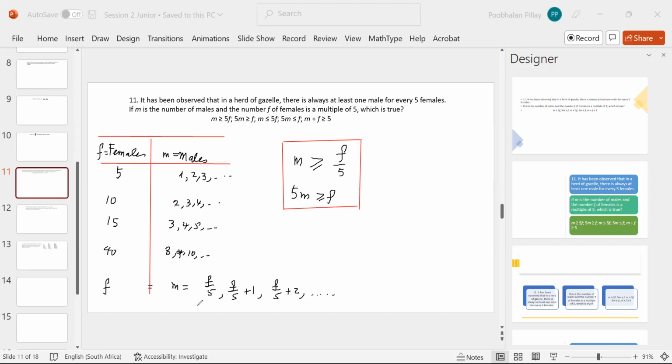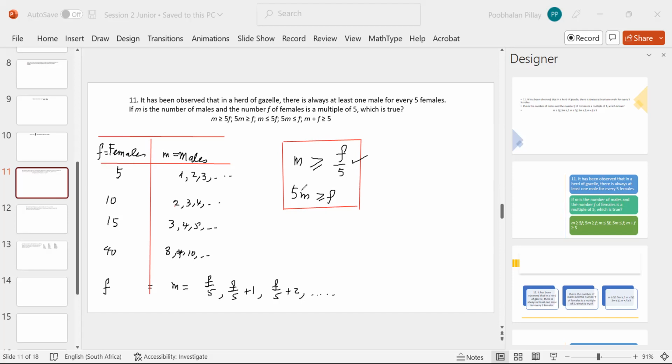So what is the connection between M and F? M could be this, M could be that, M could be any of these. But in short, M is at least F over 5, which means that M is greater or equal to F over 5. Its smallest value is F over 5.